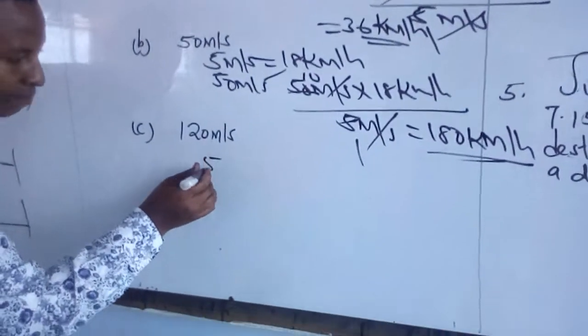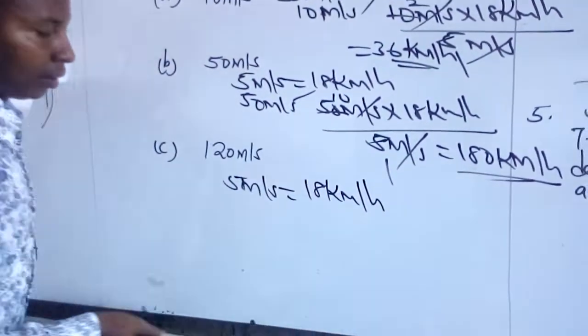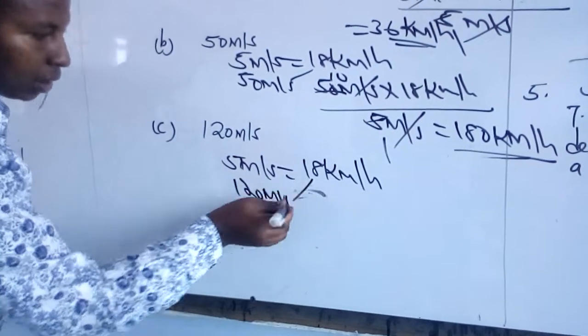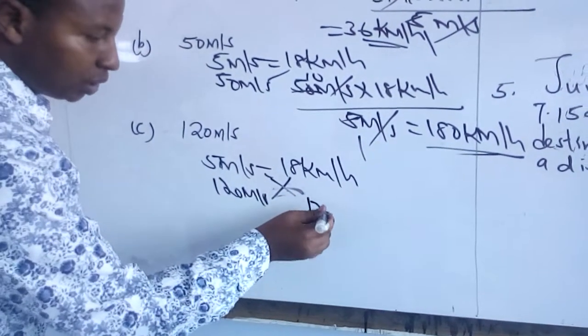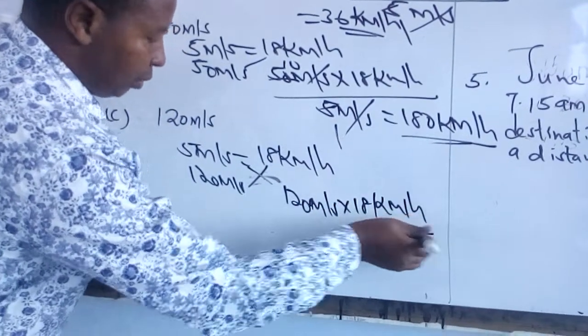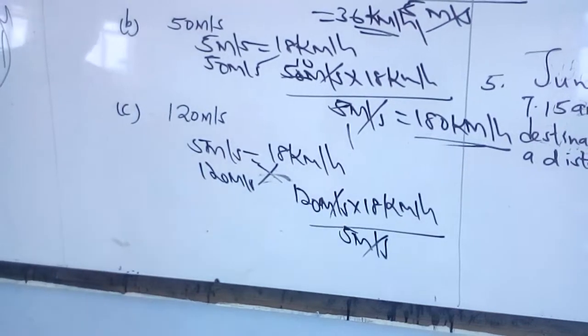This question, 5 meters per second is equal to 18 kilometers per hour. What about 120 meters per second? It will be 120 meters per second times 18 kilometers per hour, over 5 meters per second. Meters per second cancels.